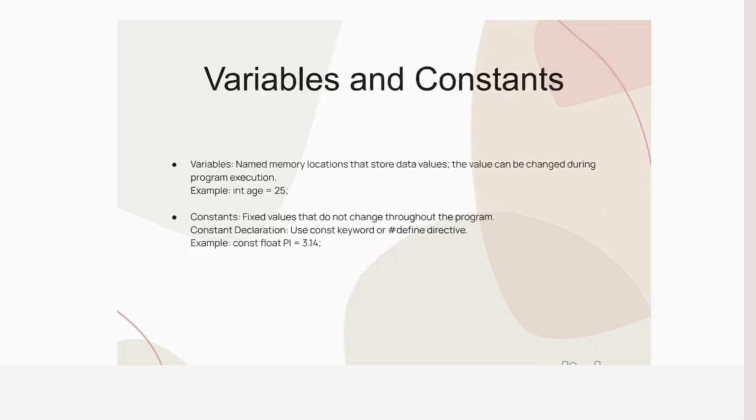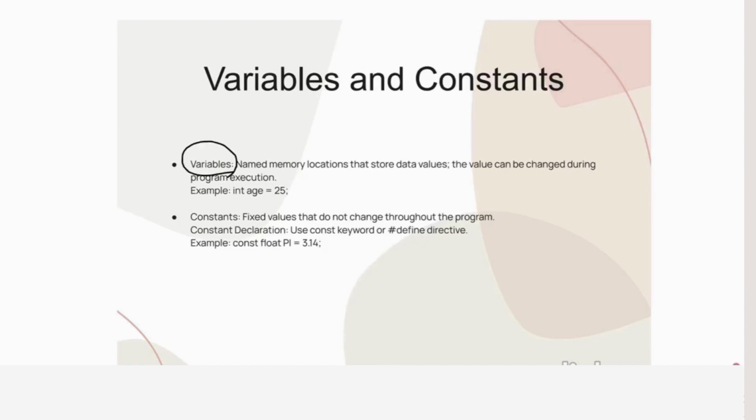So moving ahead, variables and constants. Now as we know, data types are needed for a compiler to understand what type of data must be held by an identifier. We are now easily able to understand how we can create variables and how we can assign values to them. So first of all, what are variables?